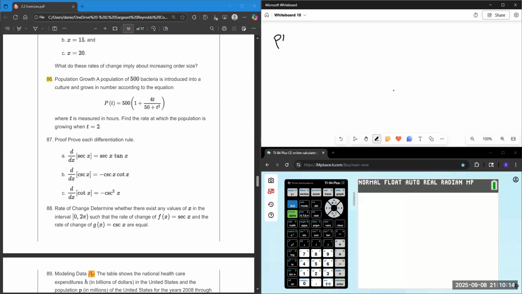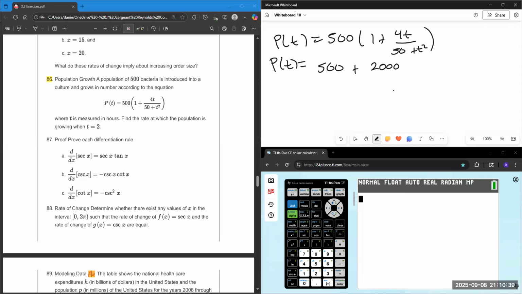P of t is equal to 500 times 1 plus 4t over 50 plus t squared. So I have P of t is equal to 500 plus 2000t over 50 plus t squared.